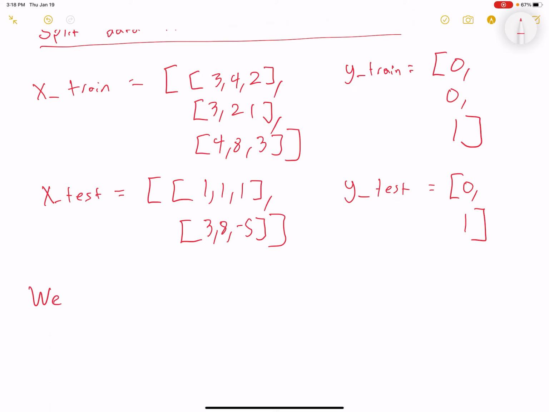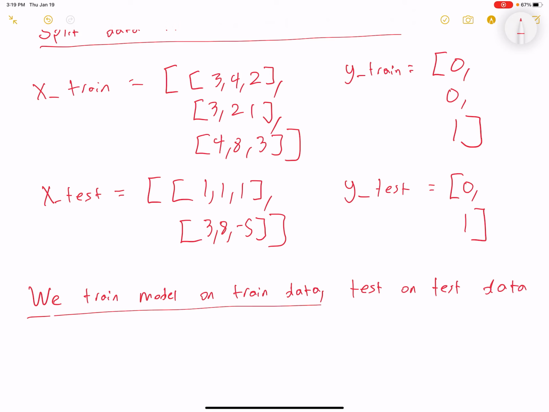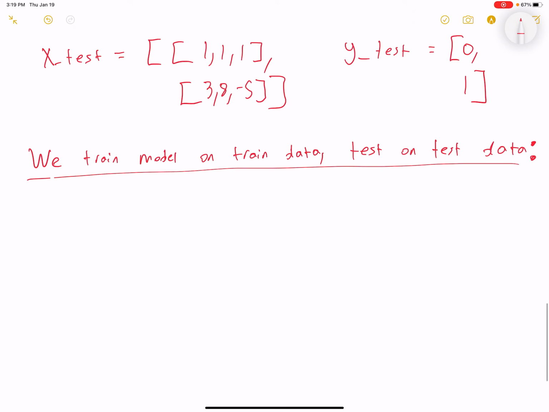So we train the model on the training data and test on test data. So let's say you were doing logistic regression. How would you use these data in code to train a logistic regression model? What are the steps?